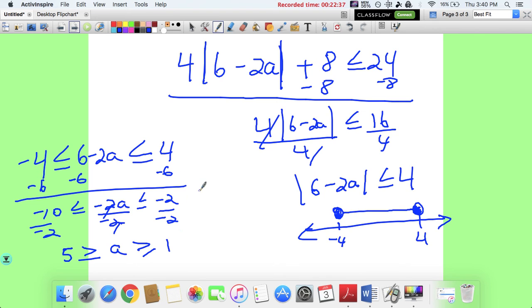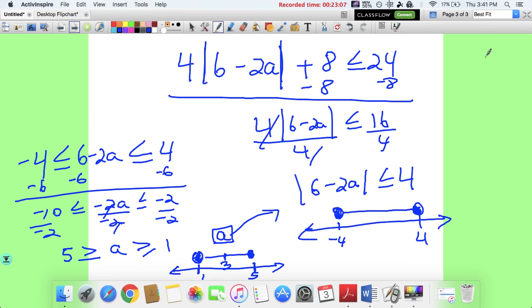Okay, so now again, you can always do a check, right? If I were to graph my answer, the value of a, my variable, is going to be between 1 and 5, and shade. So my variable a has to be any number between 1 and 5, and then let me pick 3, and I'm going to plug it in here, see if it works.